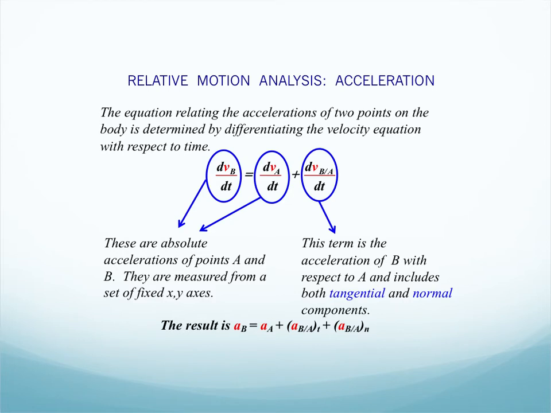And so it's going to give us the acceleration of B is equal to the acceleration of A. But now, this time we have two different terms for the acceleration of B relative to A, because there's two possibilities. It can have a tangential component and a normal component.